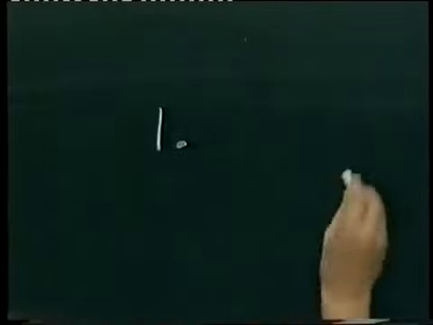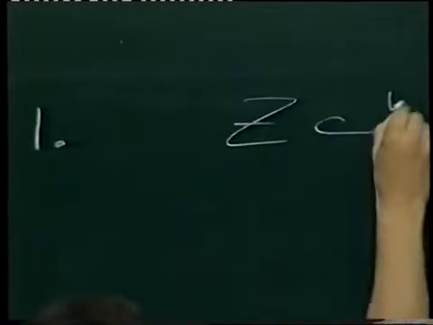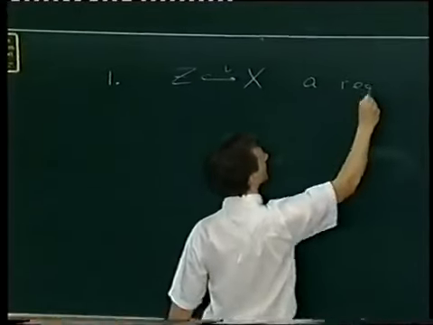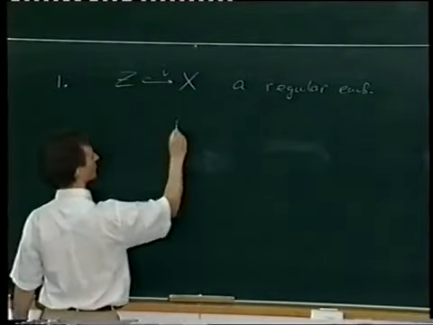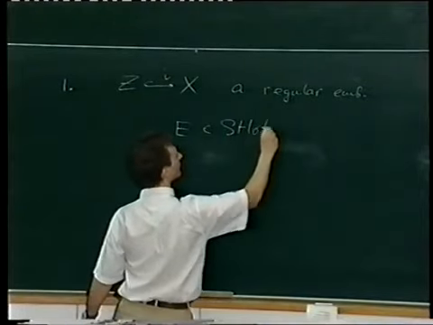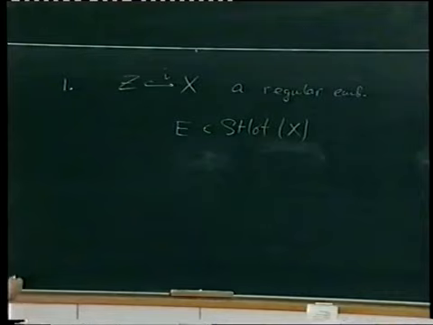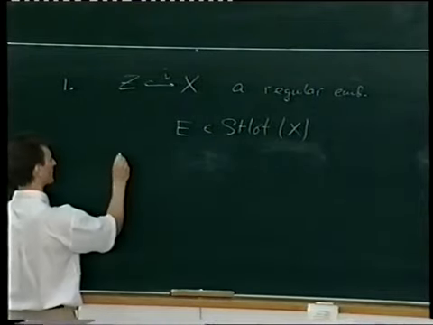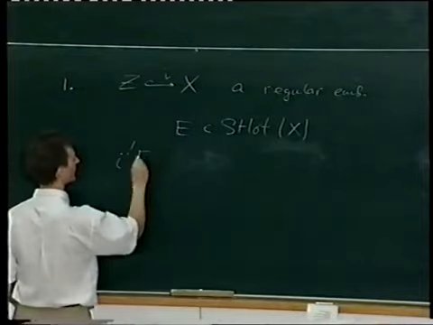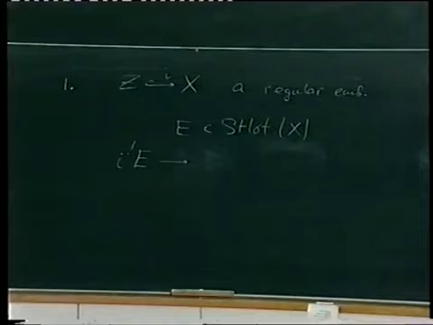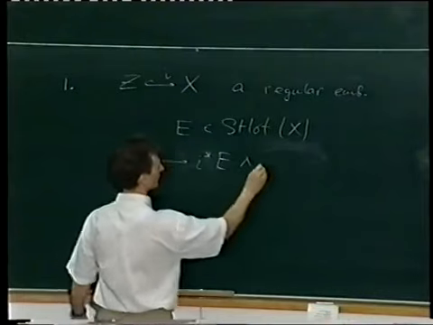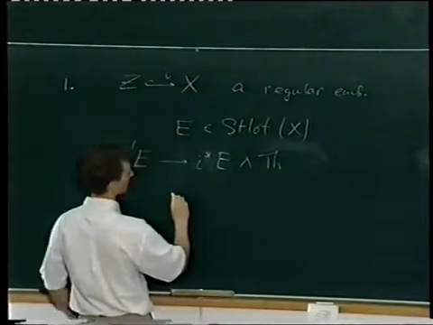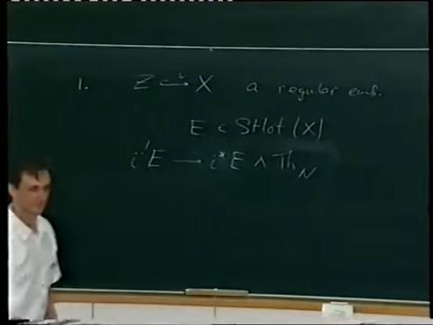So this first question which I want to formulate is, if I have a regular embedding, then for any object E over X, there is a canonical morphism going from the i upper factorial of E, I don't remember the direction of the arrow, unfortunately, to the i upper star of E smashed with the Thom spectrum of the normal bundle. There is such a map.